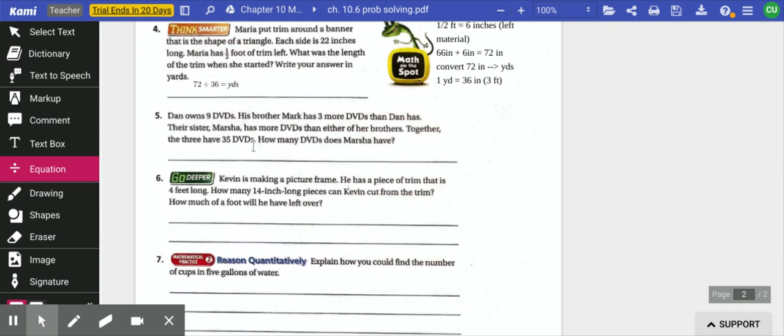Next, Dan owns 9 DVDs. His brother Mark has 3 more than Dan has. His sister Marcia has, this really isn't even a measurement problem.